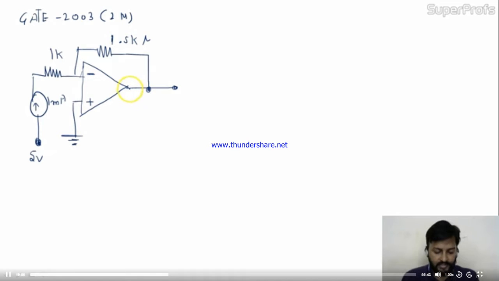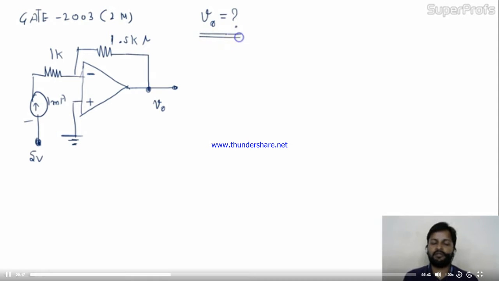This is your question. They are asking: the op-amp and the 1 milliampere current source in the circuit of the figure are ideal. The output of the op-amp is, this is the output. If both are ideal, what is the output?